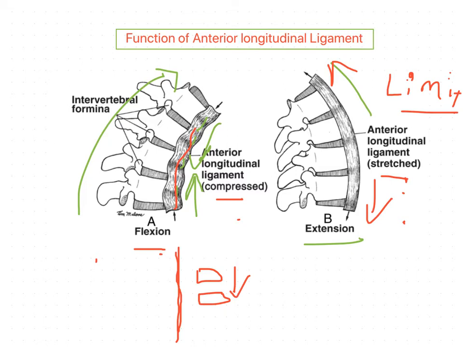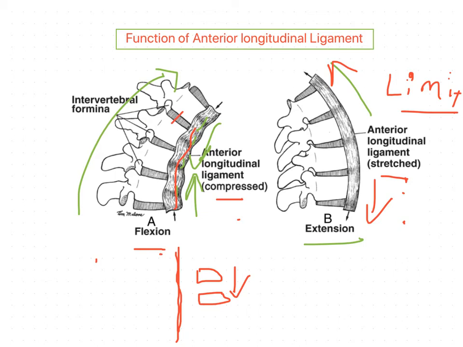If the intervertebral disc size is reduced, then even in the neutral position the ligament becomes very slack, because the space between the two vertebrae decreases.